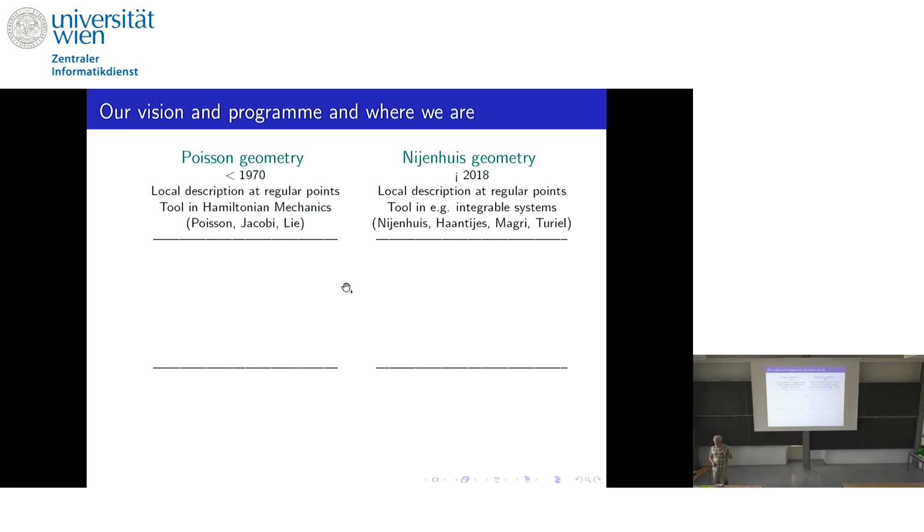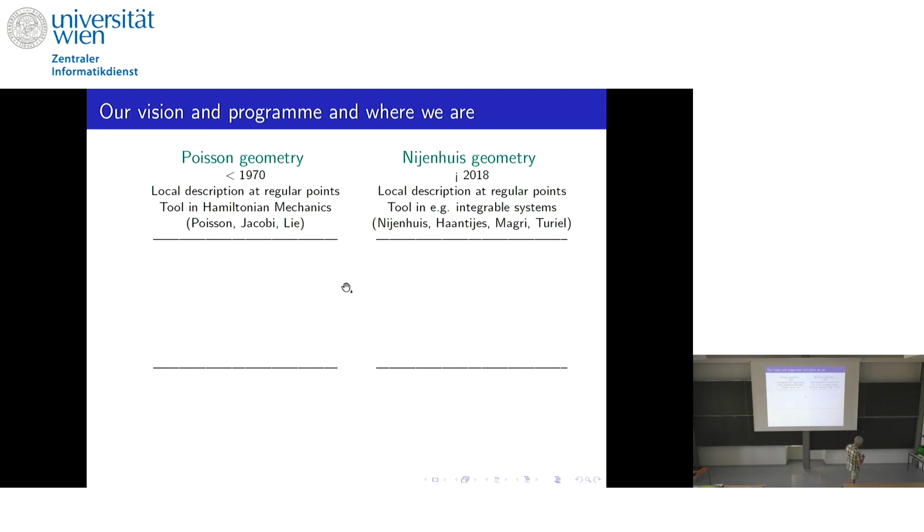Jacobi already used the Jacobi identity; if you look at Jacobi's paper, you see that he used it many times, so he understood its importance. Poisson wrote the formula, and Lie considered Poisson structures with a generator. And this is basically the Nijenhuis geometry situation before 2018.